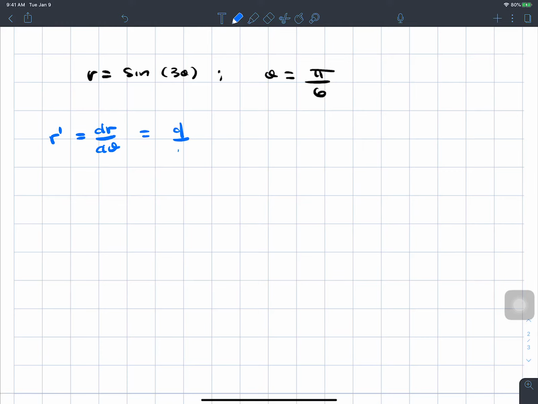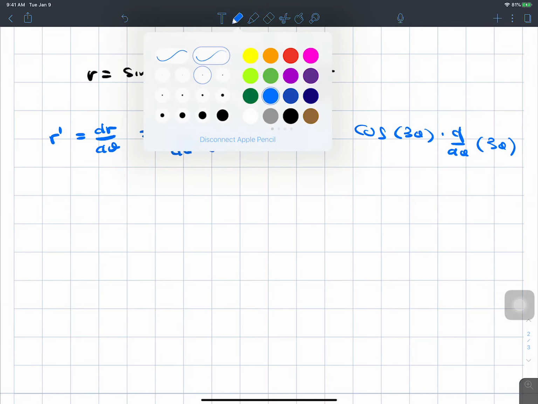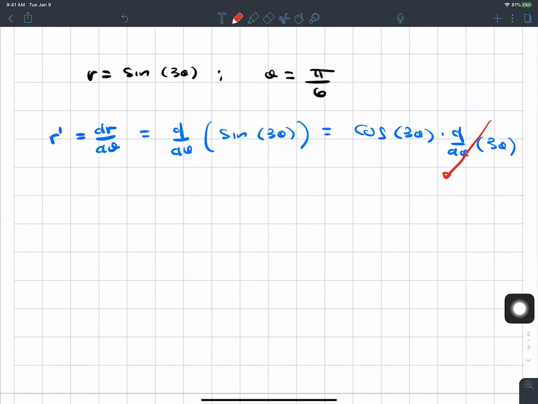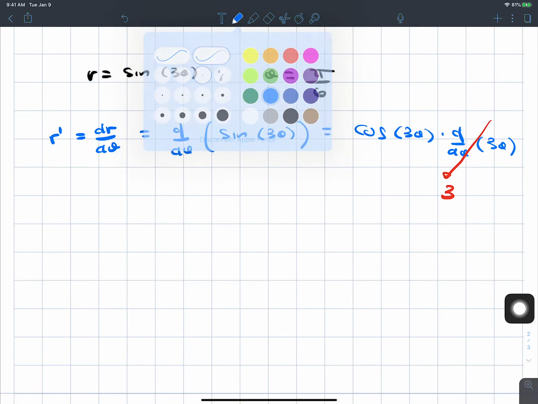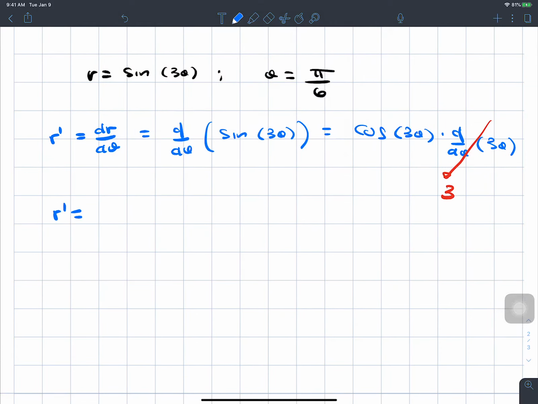That's the derivative with respect to theta of sine 3 theta, which is cosine 3 theta, but don't forget to apply the chain rule to 3 theta. The derivative of 3 theta is 3. So r prime becomes 3 cosine 3 theta.